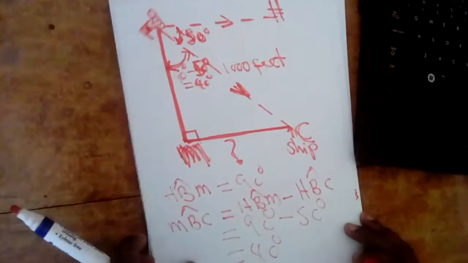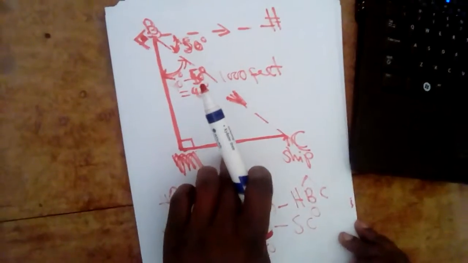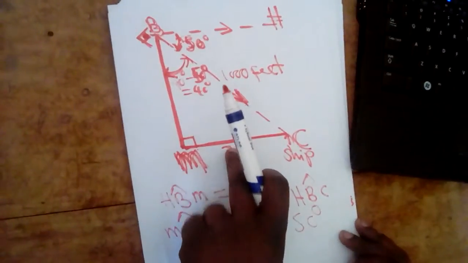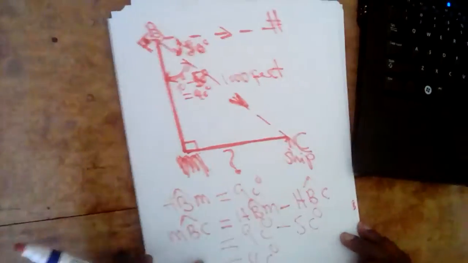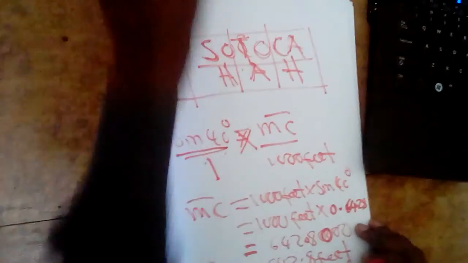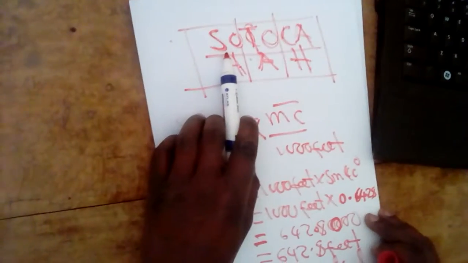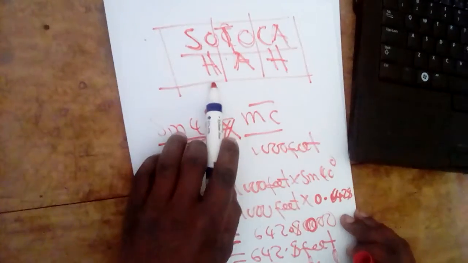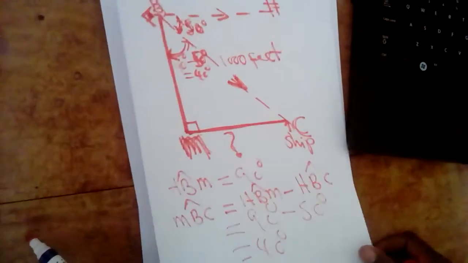Now, because we have the opposite side, whose length we are looking for, and we have the hypotenuse side, then the ratio that we can use is sine. Sine equals opposite over hypotenuse. So here we are going to use the sine of angle 40, this angle here.